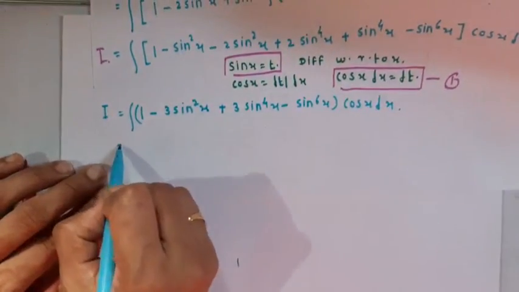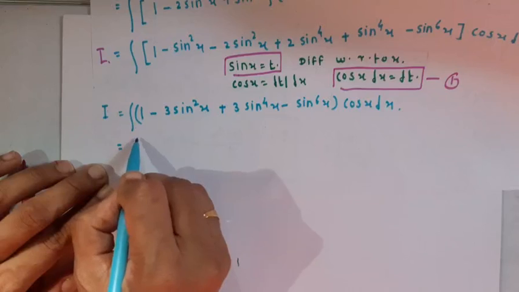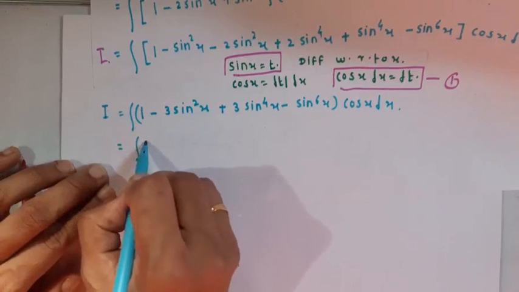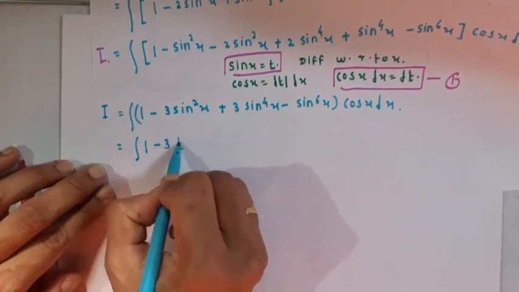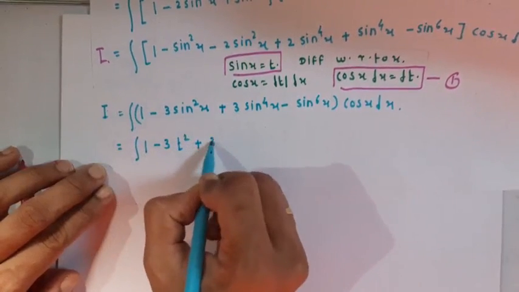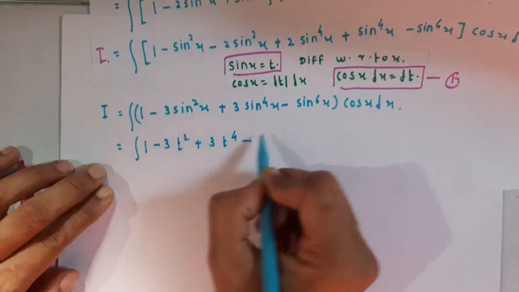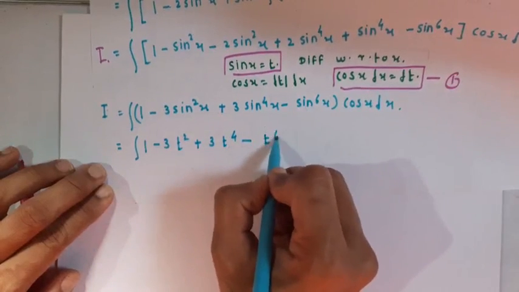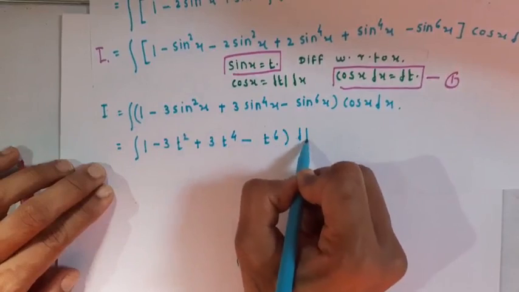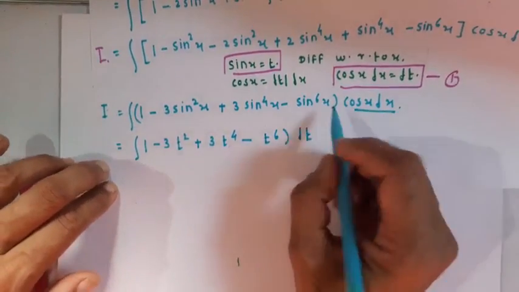Now this is equal to 1 minus 3 t square plus 3 t raised to 4 minus t raised to 6 with respect to t, since cos x dx is dt.